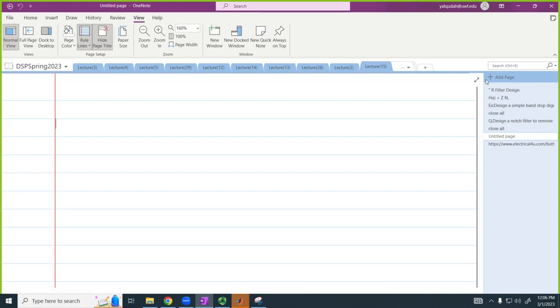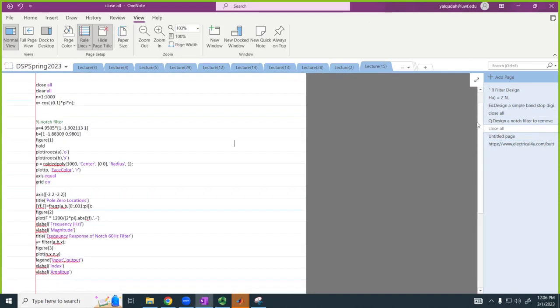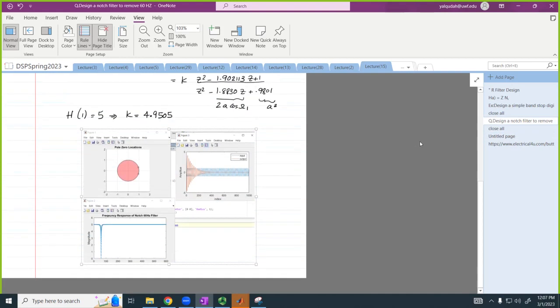Same thing. We want H(1) to equal a 1.5, and therefore we substituted 1 in z, equated to 1.5, and found the value of K that will give me that. Okay.